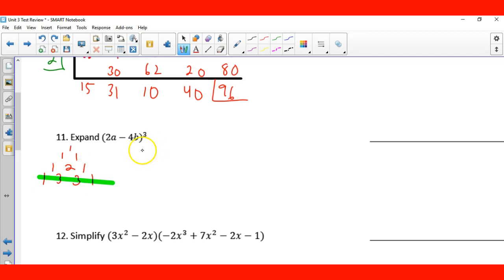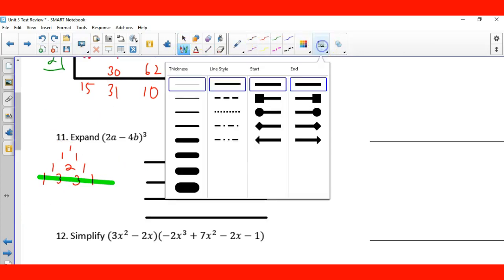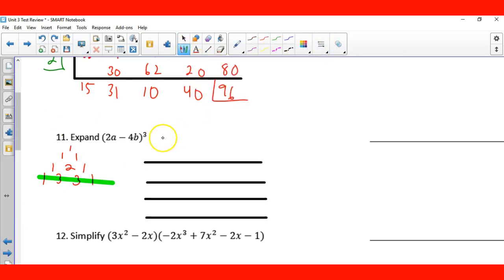So I take my coefficients, 1, 3. Actually, let me draw some rows so this is a little neater for you. I like to do this vertically. So I go 1, 3, 3, 1. Those are my coefficients.